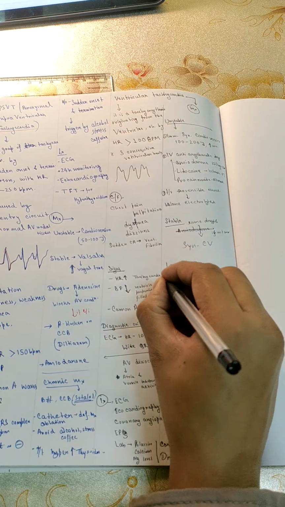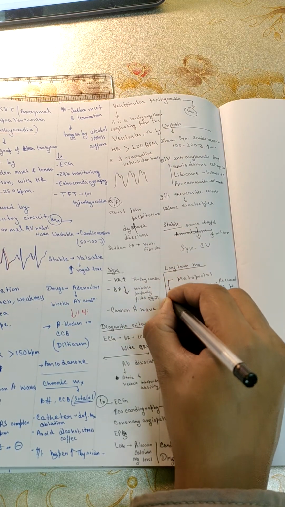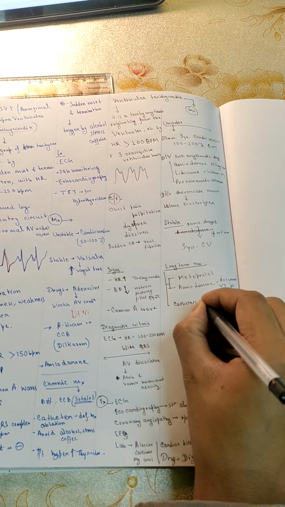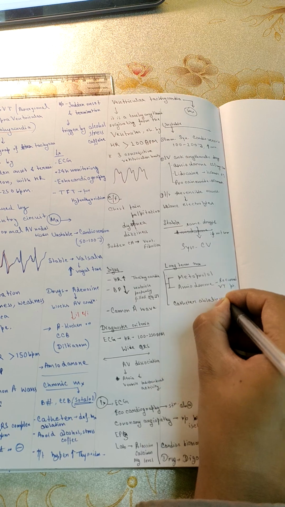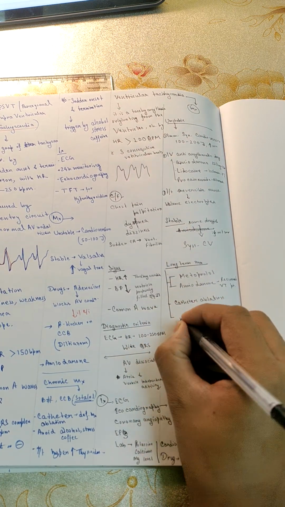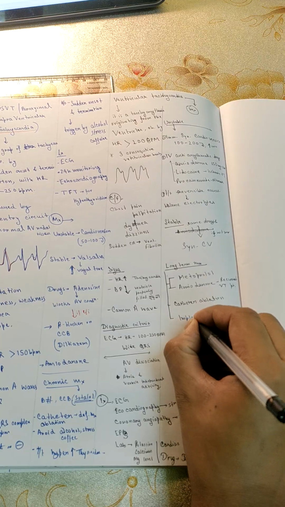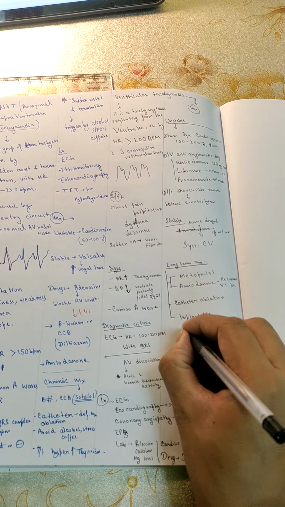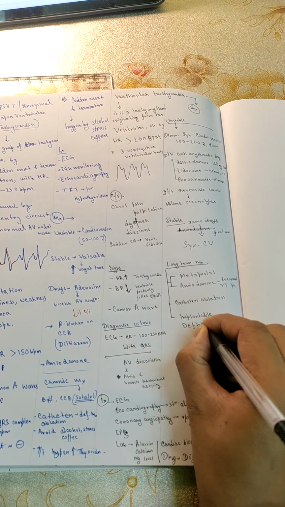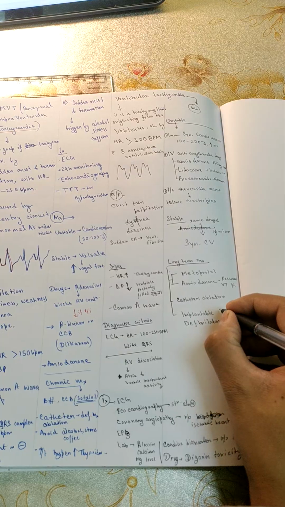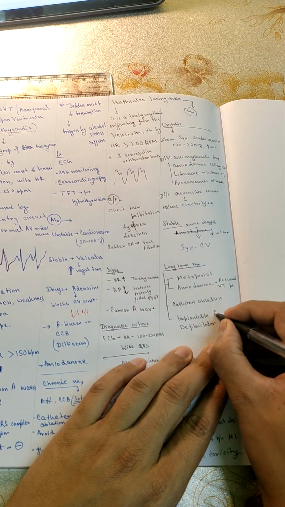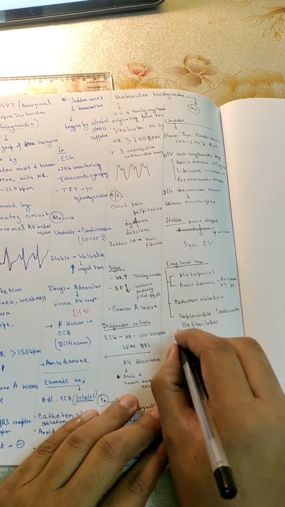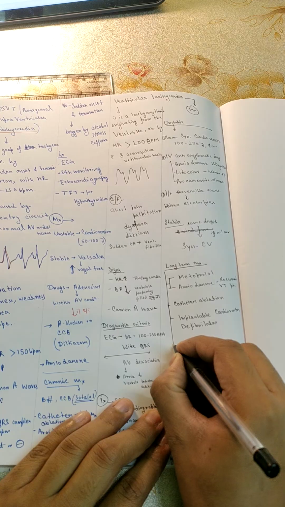Let's talk about other options: I can give catheter ablation, implantable cardioverter defibrillator, and at last I have lifestyle modification.